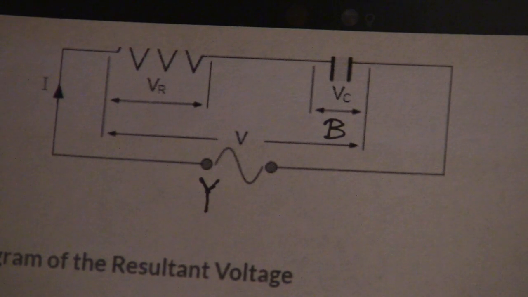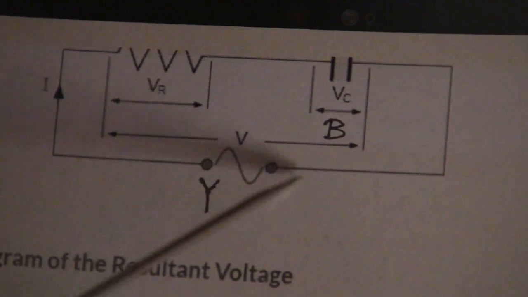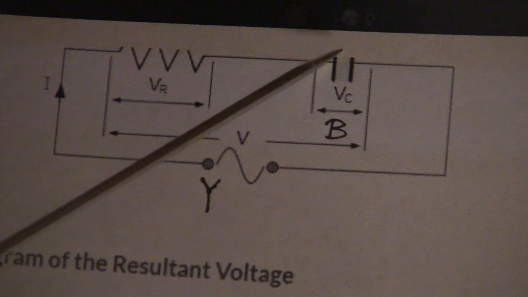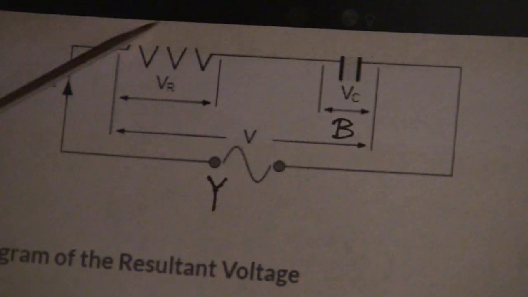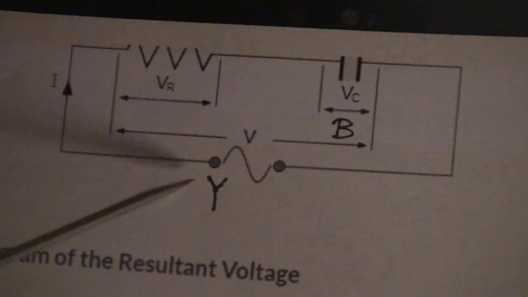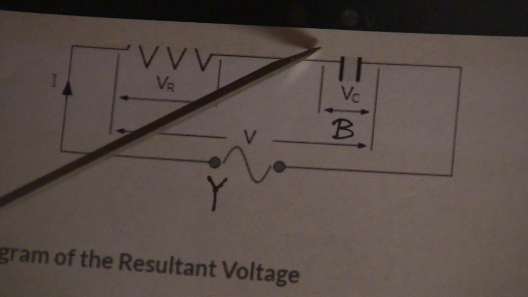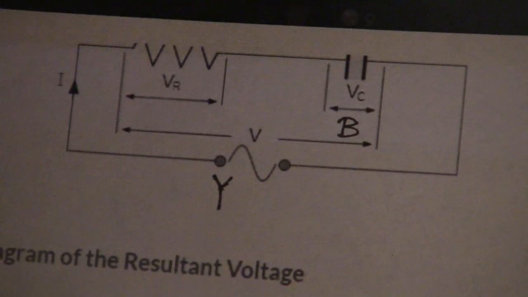If we simplify that in this diagram, the yellow line is the voltage at the channel input. It includes the C and the R together, the full voltage. The blue line measures the voltage across the capacitor only.